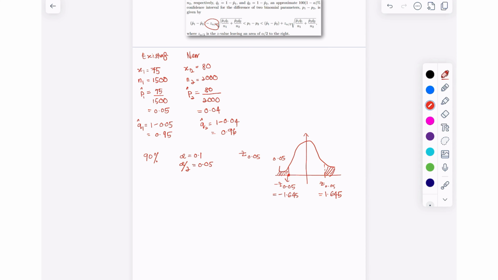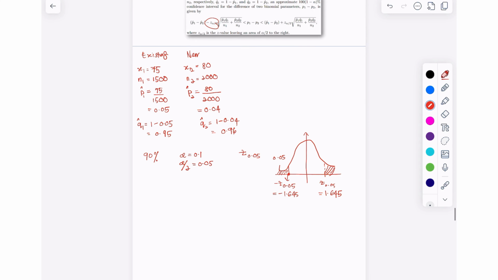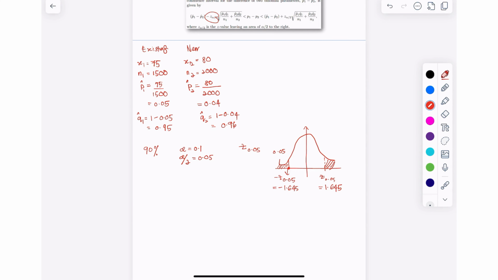Okay, so you can plug this into the confidence interval formula.